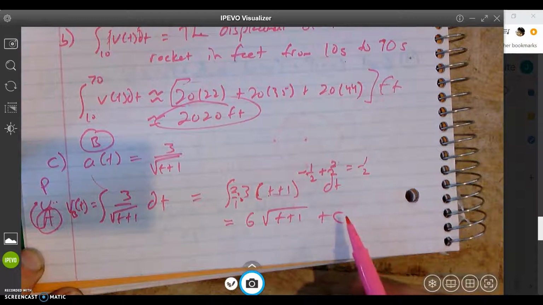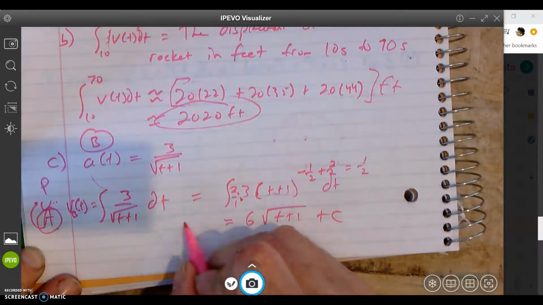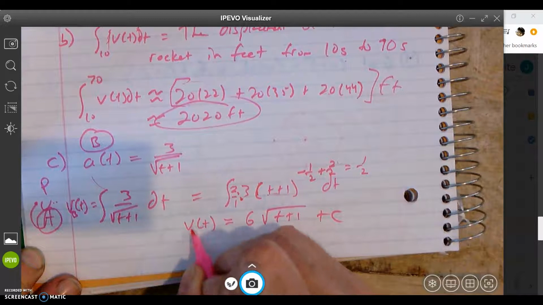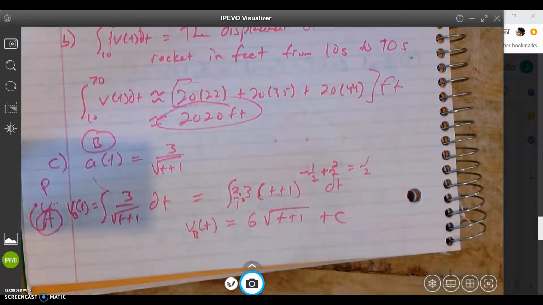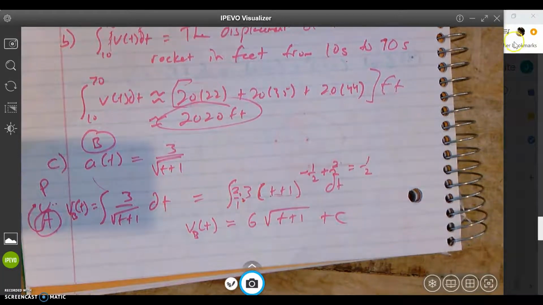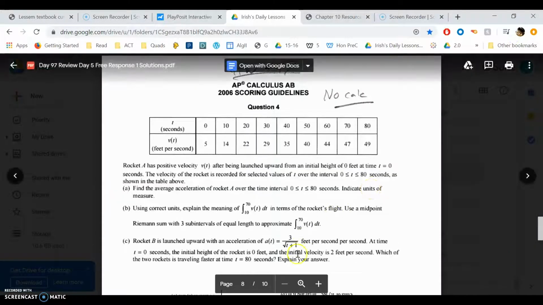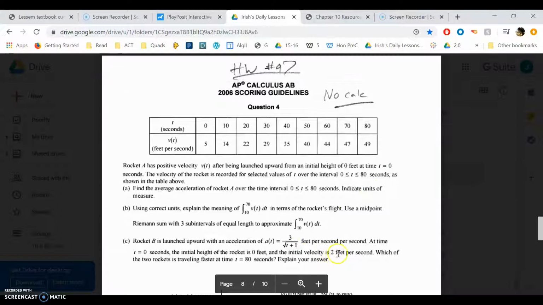So we don't know what c is. So this is v of t of rocket B. Why do we have the plus c? Because the problem tells us that the initial velocity is 2 feet per second. That's important information, and we need to use that.